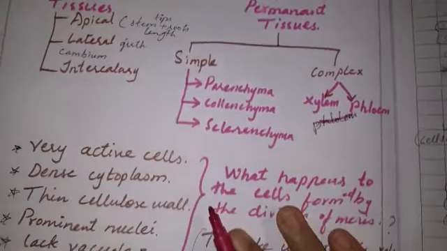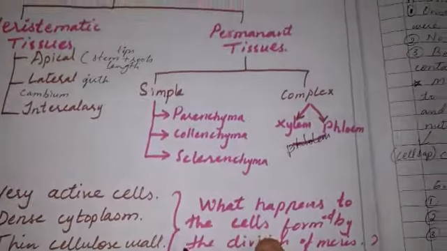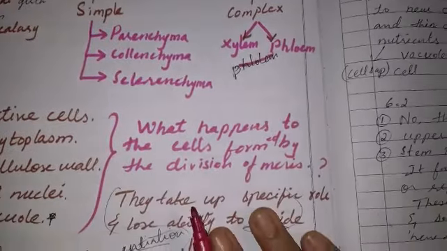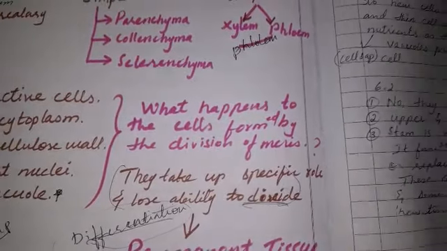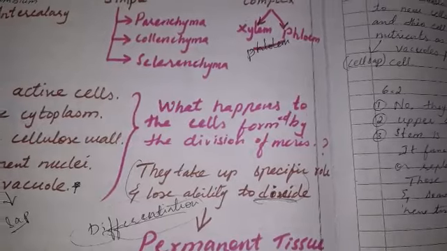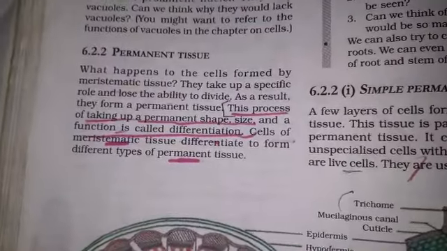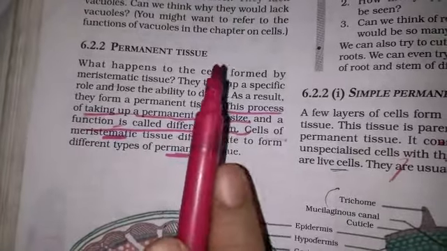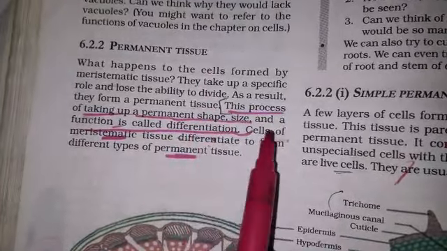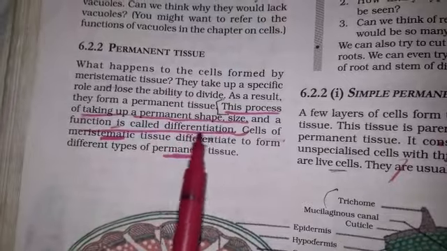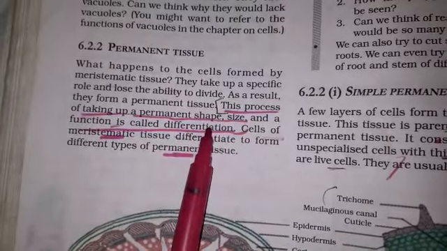Okay, xylem and phloem. So now we also know that the process of changing the meristematic tissue into permanent tissue is called differentiation, as I have explained in my last video.